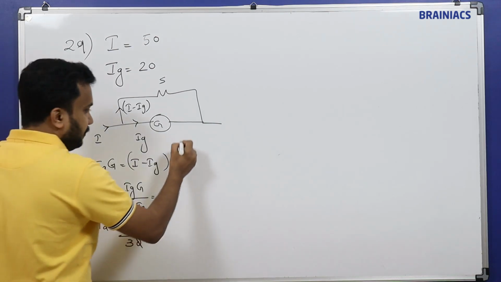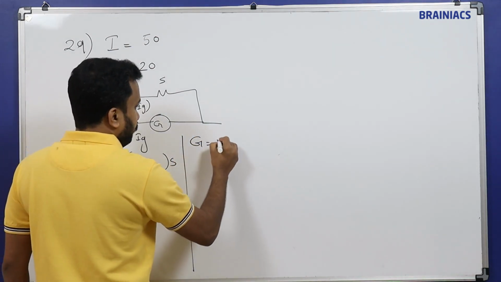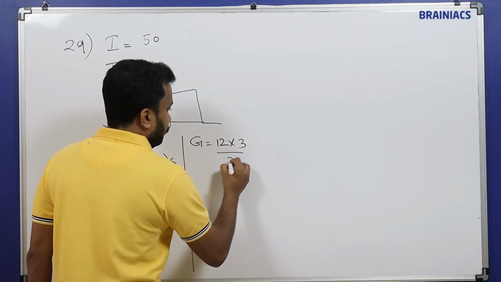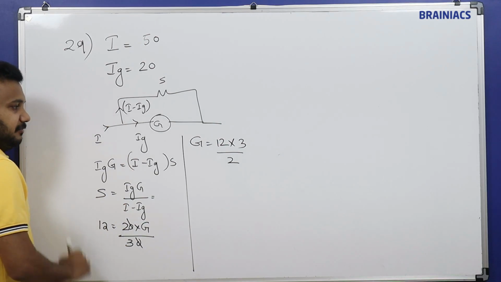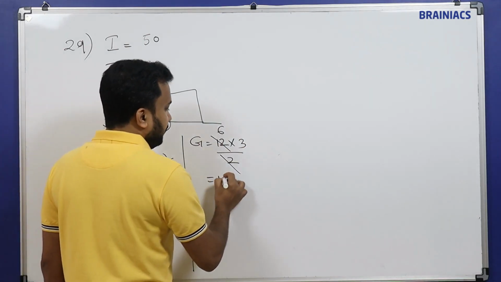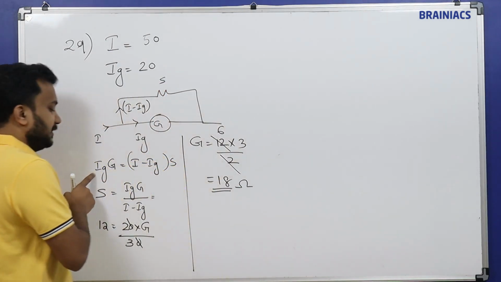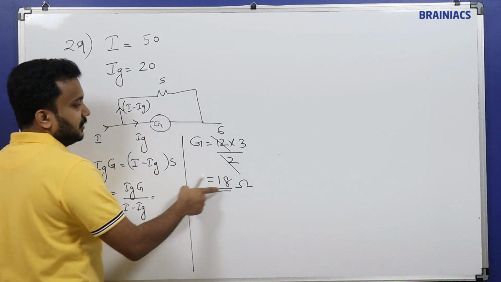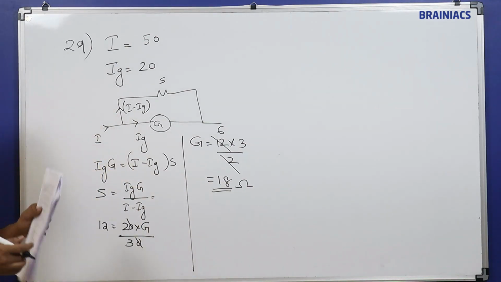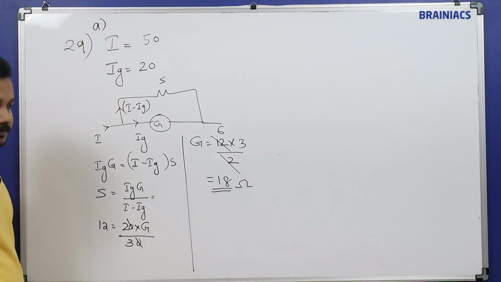So G is equal to 12 into 3 divided by 2, which becomes 6, and 6 into 3 becomes 18. 18 ohm, because S is given in ohm, so G is also in ohm. 18 ohm is the right answer for the 29th question. The answer is option A.